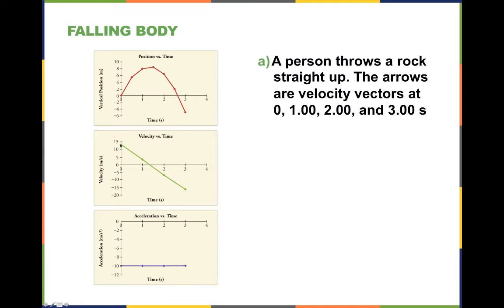So our velocity starts out in the positive direction and gets slower and slower until it reaches a certain point, which corresponds to this peak here, and then velocity is 0. And then velocity begins to go negative, so it's in the opposite direction. This is in the upward direction, this is in the downward direction. Gravity never changes. Gravity is always the same.